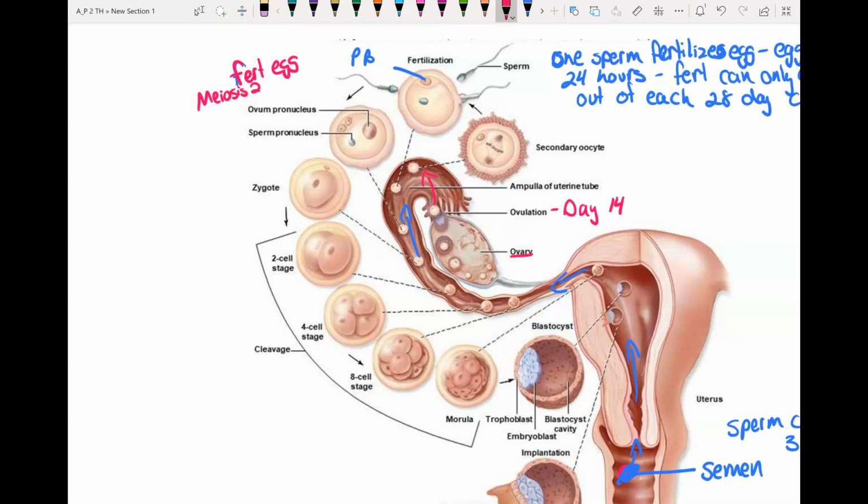You get, there's your second polar body. And then you get a mature egg and a sperm. They fuse into a zygote. So a zygote is one cell that is an egg plus a sperm fused together.